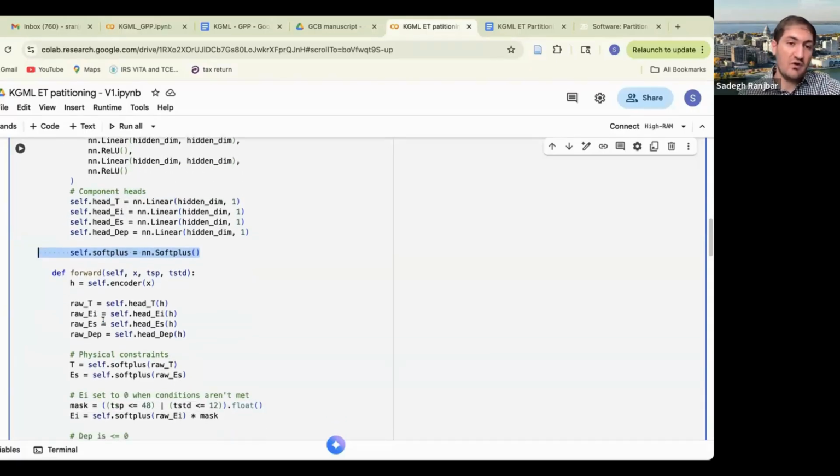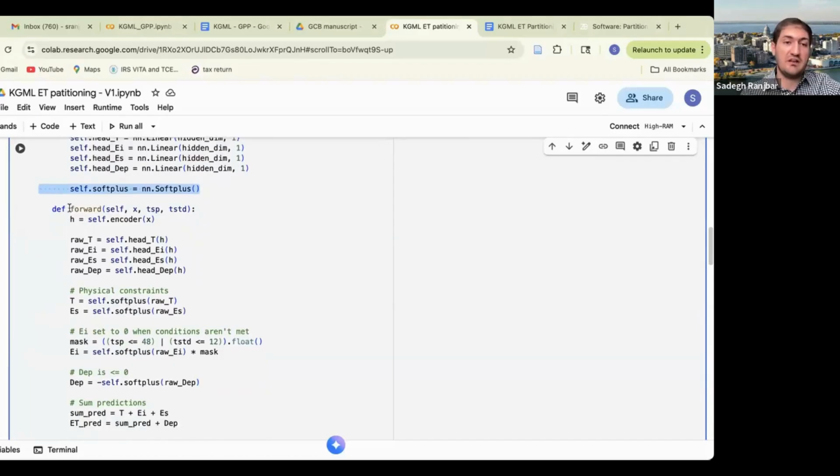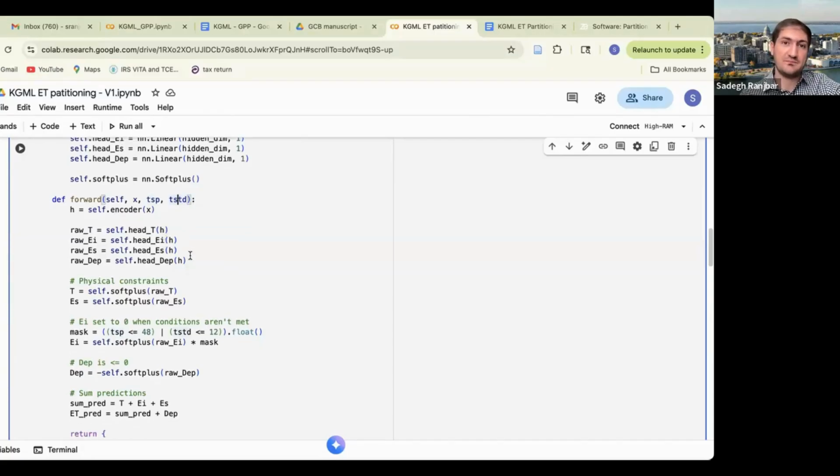We have a forward approach that our model gets its input from. It has x as input, which are the predictors or features that we use to predict our target. And it also gets the time since precipitation and also time since dew point.